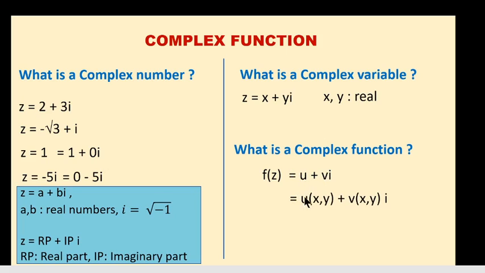So here this real part u will be a function of x and y. This imaginary part v will also be a function of x and y. Now this f of z can be represented by a variable named, say, w equal to f of z.